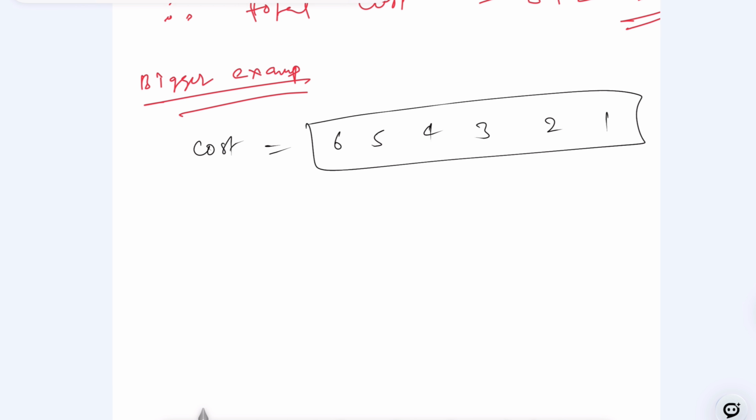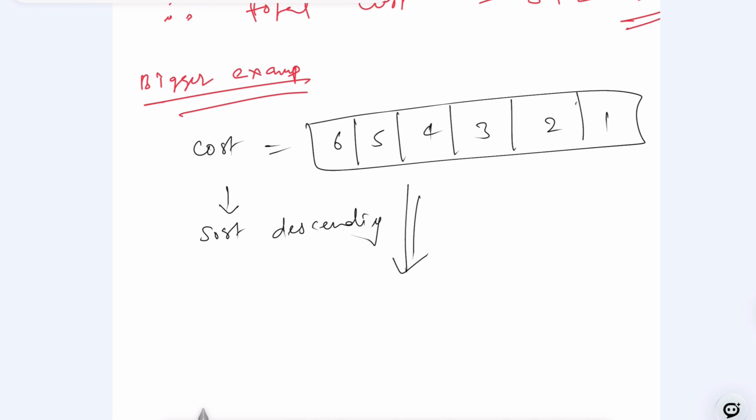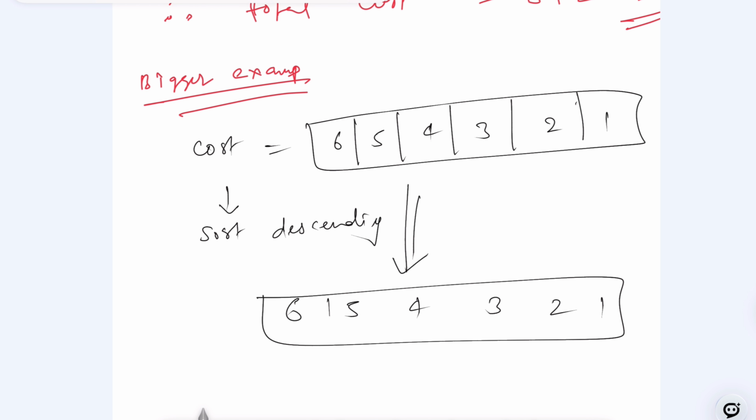The very first thing I told you to do is sorting, sorting by descending. It is already sorted, so we will get the same thing: 6, 5, 4, 3, 2, 1.